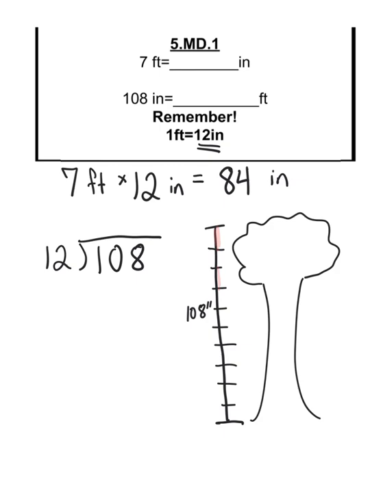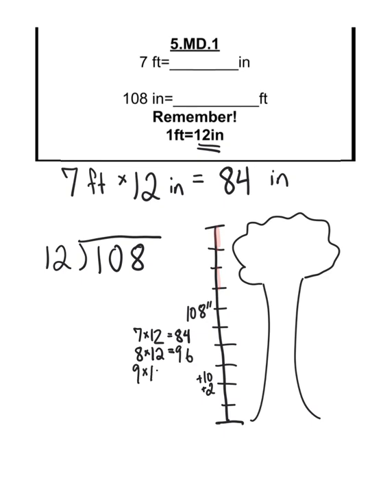All right, so let's see. I'm going to do partial quotients just because I already have figured out that 7 times 12 is 84. So that means that 8 times 12, let's see, 84 plus 10 will get me 94, plus 2 more will get me 96.